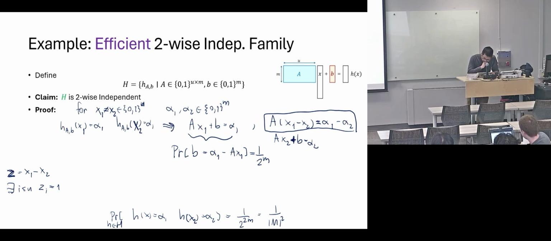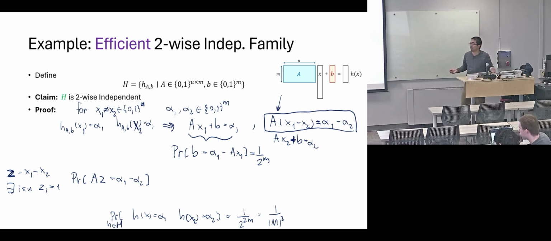Now I write the probability that Az equals minus this, and I want to analyze the event that this thing happened.